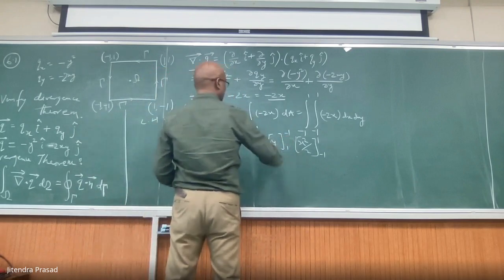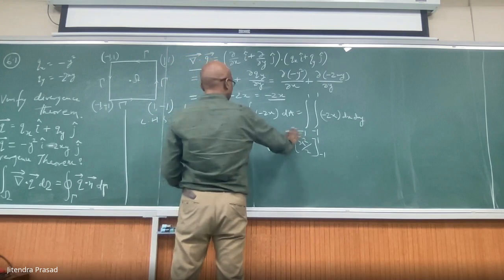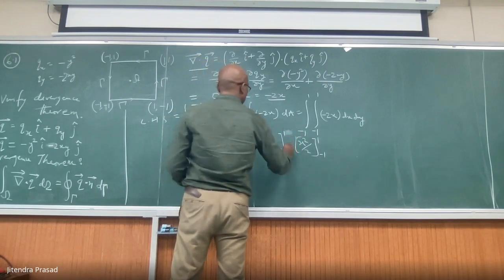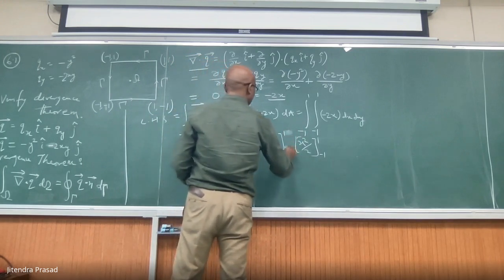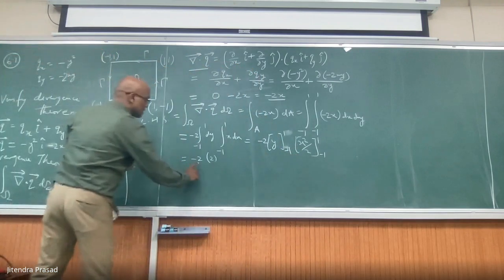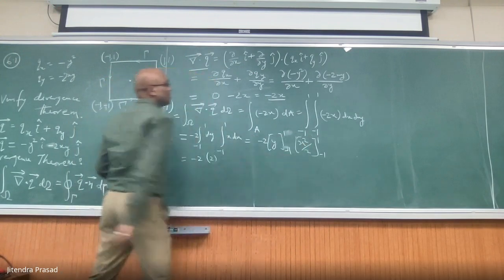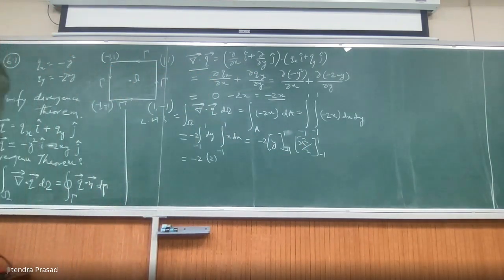Sorry, 1. It should be 1 to minus 1. Okay, so minus 2. Here we have 2, and here it will be 1 minus half minus half, which will be equal to 0.